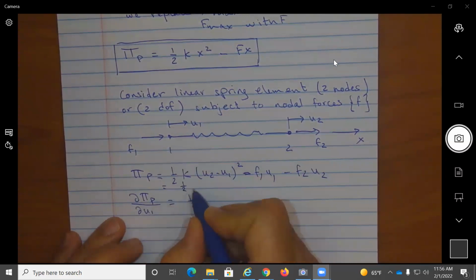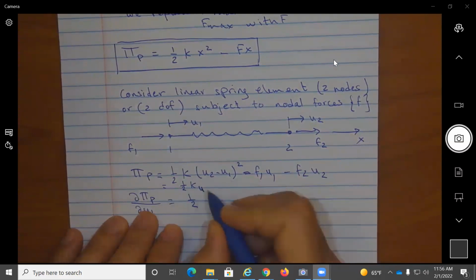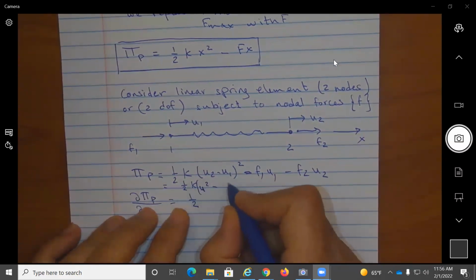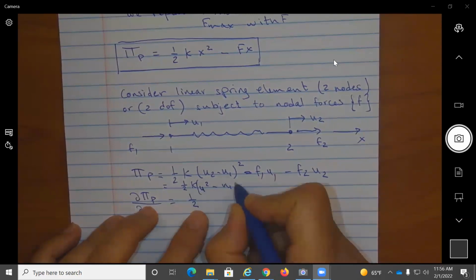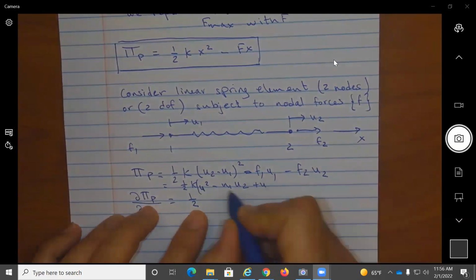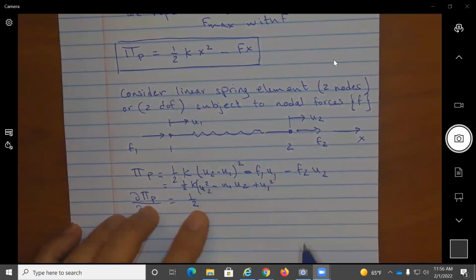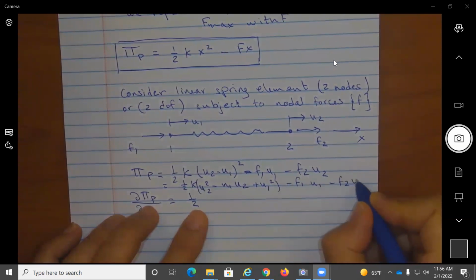If I write it as half K times U2 squared minus 2 U1 U2, plus U1 squared, minus F1 U1 minus F2 U2.